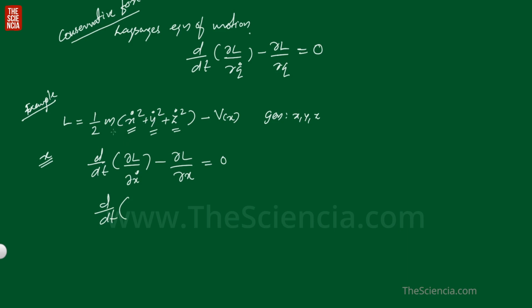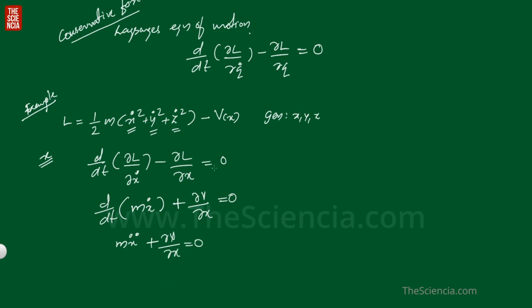The derivative of x dot square is 2x dot, so we get m x dot, minus dou L by dou x. Here there is no x term, so the partial derivative of this one with respect to x will be 0. But here this function has x. So what we get? Plus dou V by dou x equal to 0. That is m x double dot plus dou V by dou x equal to 0.